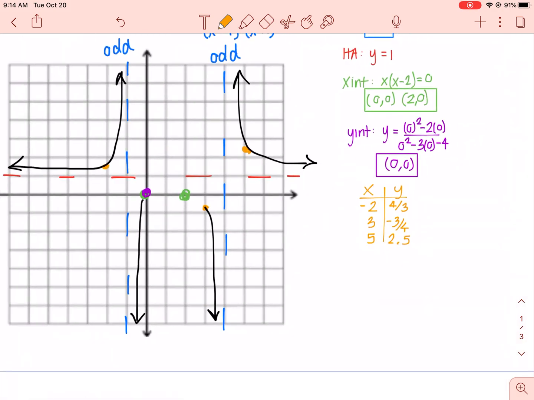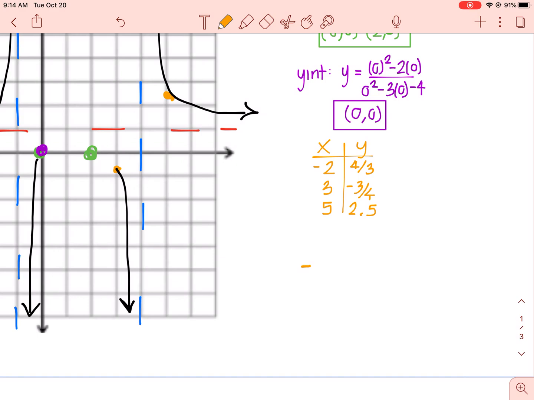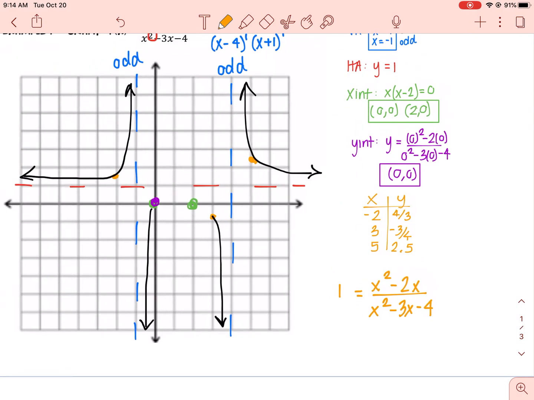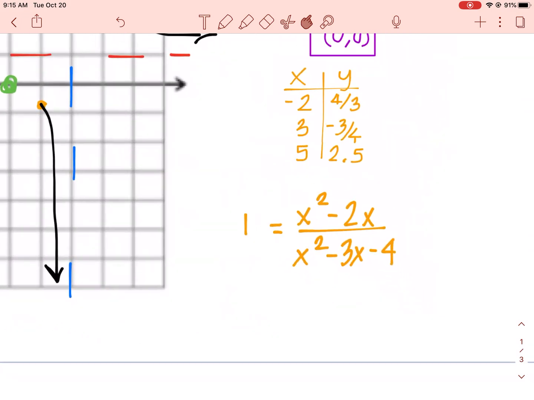I might just do the original function. So the x squared minus 2x all over x squared minus 3x minus 4, and set it equal to my horizontal asymptote, which is 1. Okay, right here, horizontal asymptote is 1. Set that equal to my function, because I'm trying to find where it crosses.